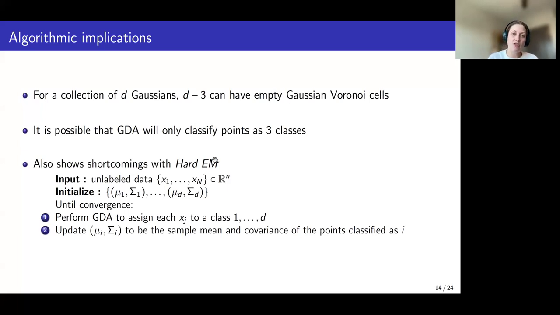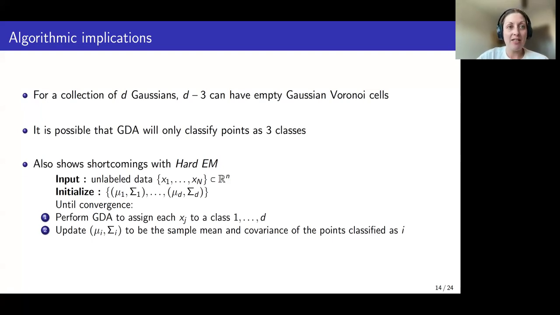Because GDA is a sub-procedure of this larger algorithm, this algorithm can also perform arbitrarily poorly. I just want to note that if you haven't seen this algorithm under this name before, you might have seen the special case where all of these covariance matrices are the identity. In this case, this hard EM is just the k-means clustering algorithm, which is a popular and well-studied clustering algorithm.